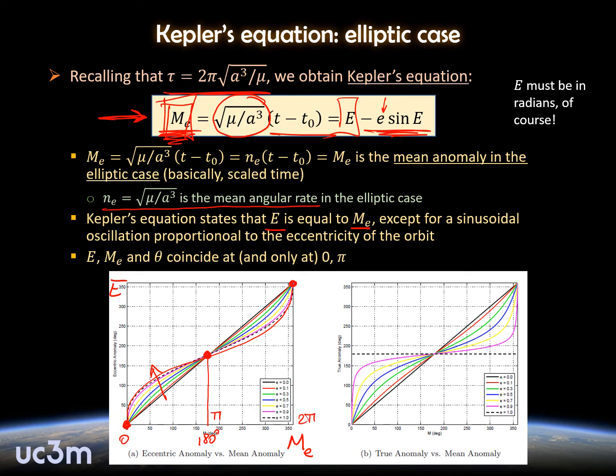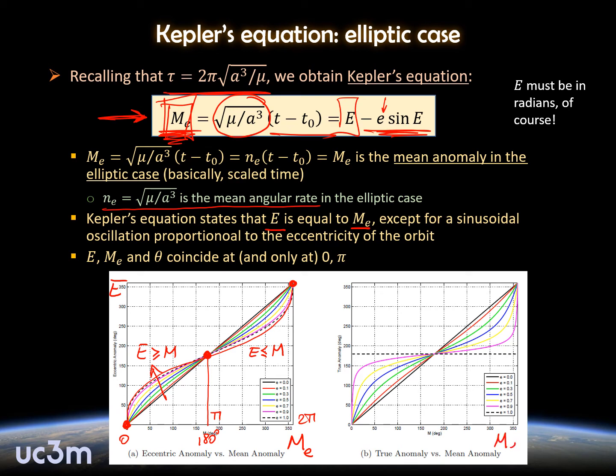So again, just like what we had between the true anomaly and the eccentric anomaly, which were the same at 0 and pi, the same happens here between the eccentric anomaly and the mean anomaly. Moreover, we see that in the upper part of the orbit, E is greater than M, and in this other part, E is smaller than M. To the right, you can see a slightly different diagram.